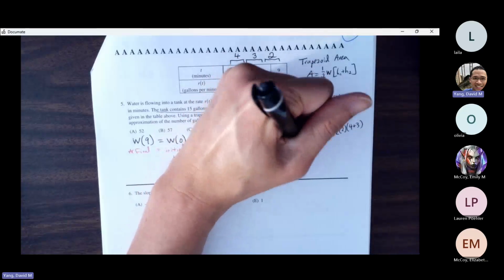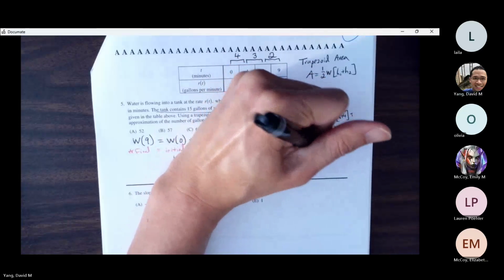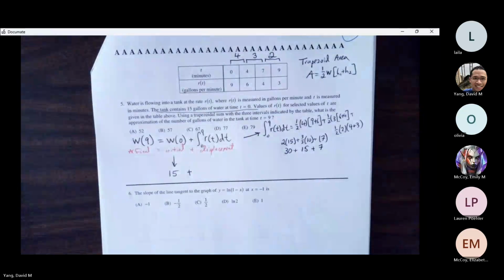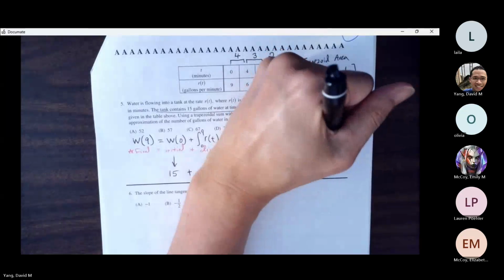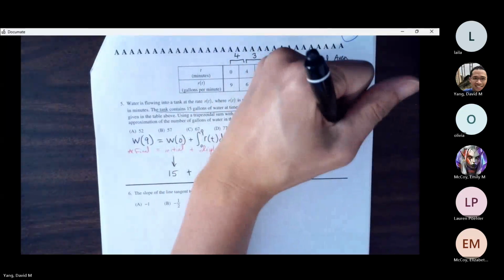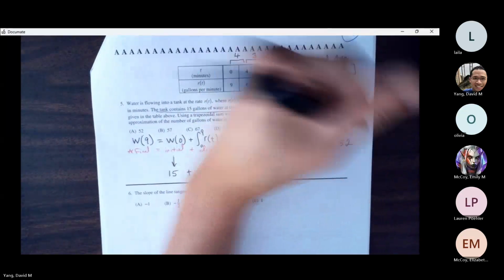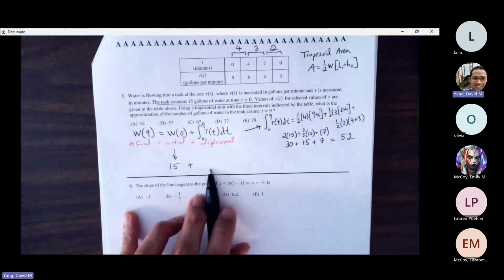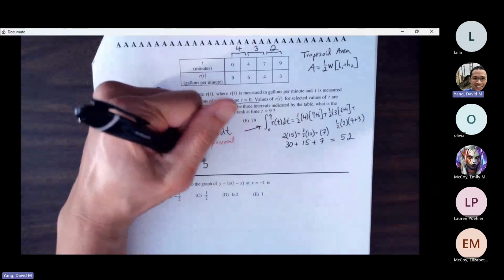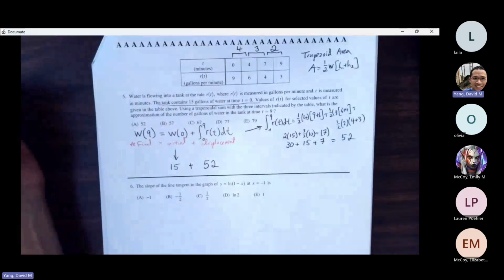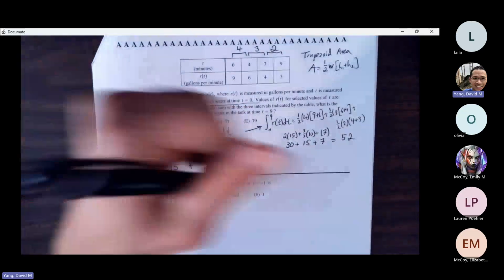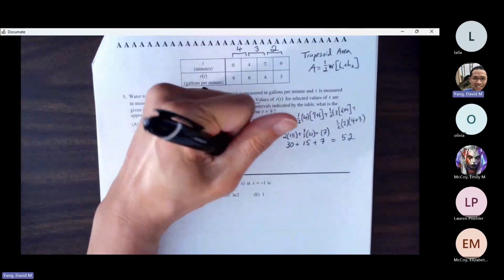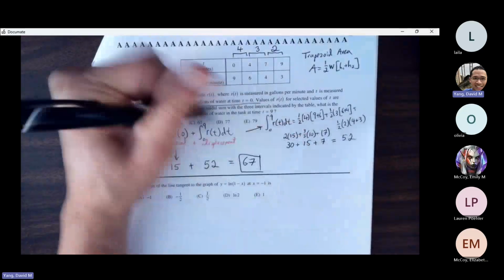Ten divided by 2 is 5, 5 times 3 is 15. So we have 15 gallons of water to begin with. In the 9-hour period, we've accumulated another 52 gallons. And so answer choice C.